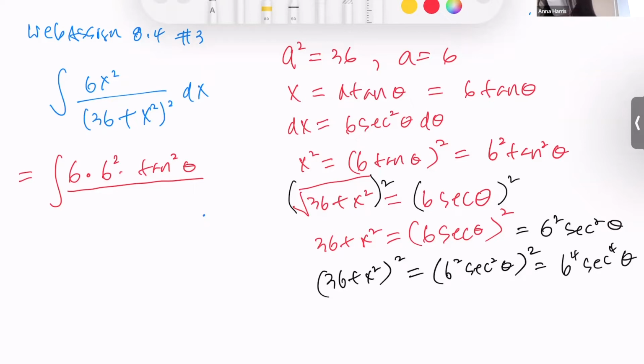So now I can replace everything. So this is equal to 6 to the 4, and then secant to the 4 theta. What else? dx. What's dx? Okay, dx is this: 6 secant squared theta d theta.